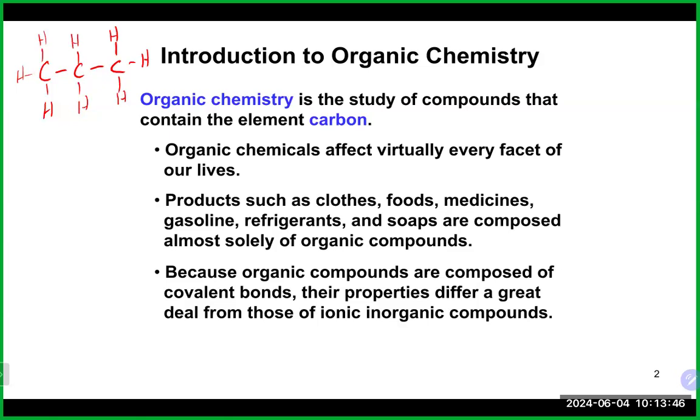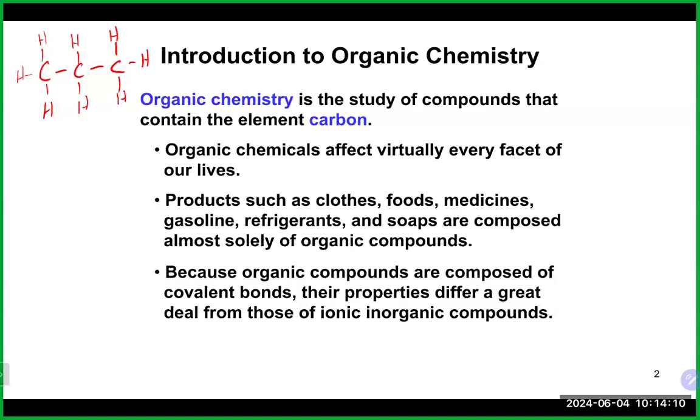A lot of products such as clothes, foods, medicine, and gas are made of organic compounds. Organic compounds are composed of covalent bonds. Obviously, we have nonmetals here, so we're going to be sharing electrons. Their properties differ greatly from ionic compounds.